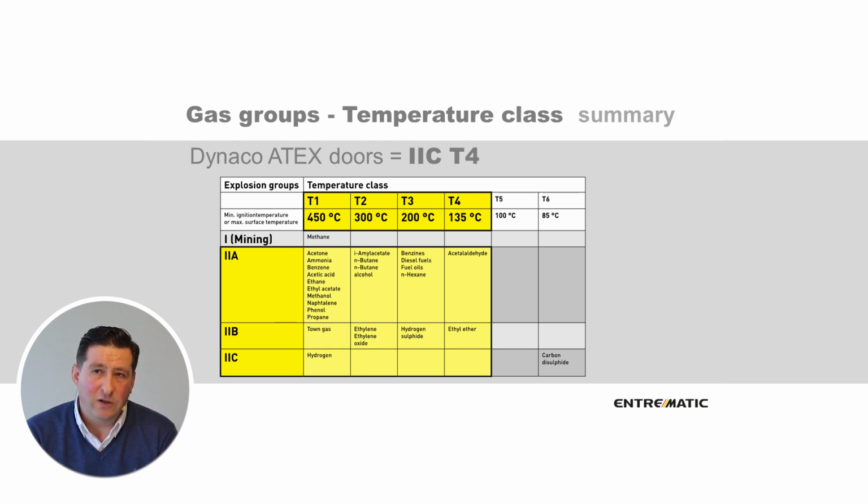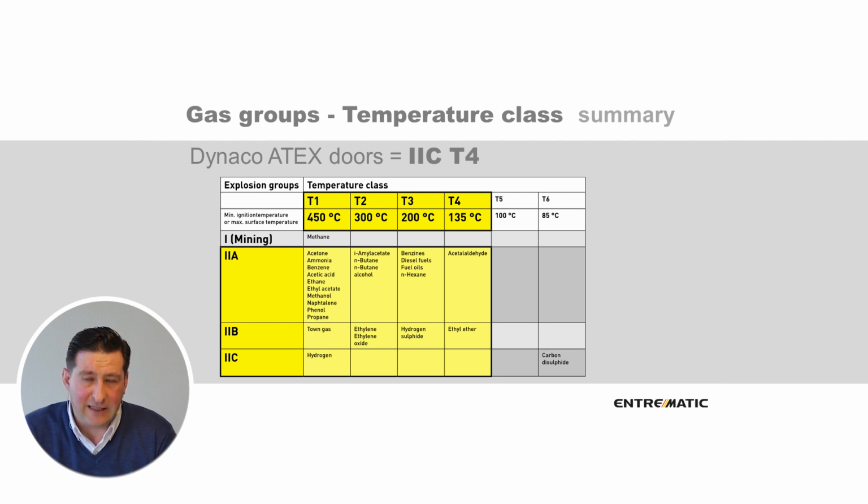You see in yellow the gas groups and temperature classes for which our door is certified. This means that we can use our ATEX S5 door in all 3 gas groups, 2A, 2B and 2C. And we can use it for temperature classes T1 to T4.